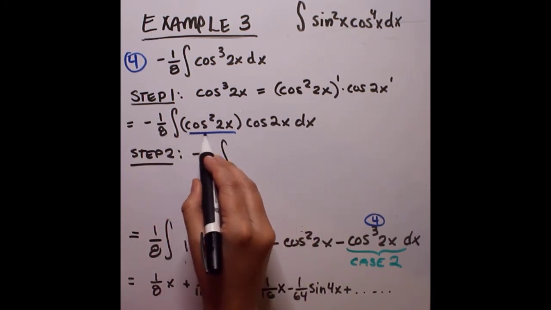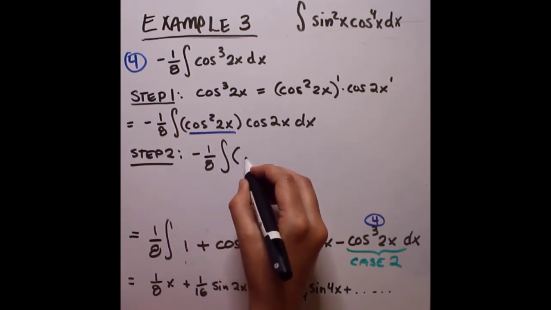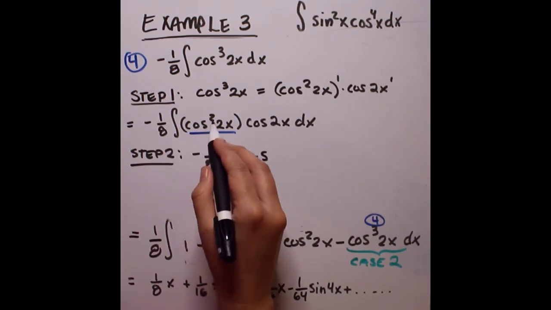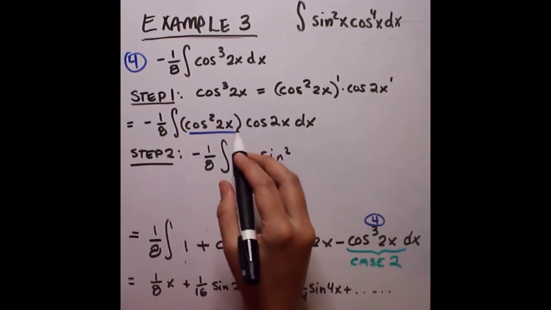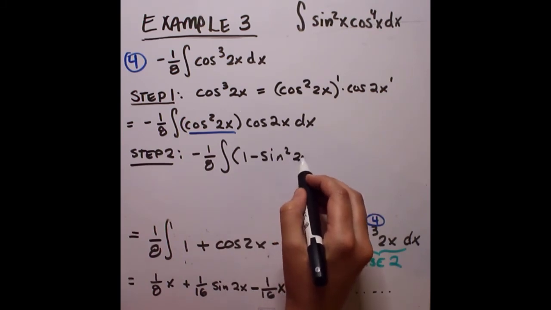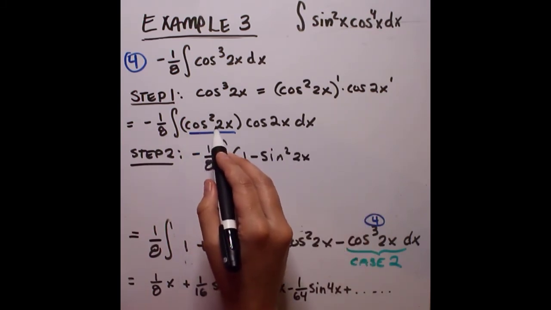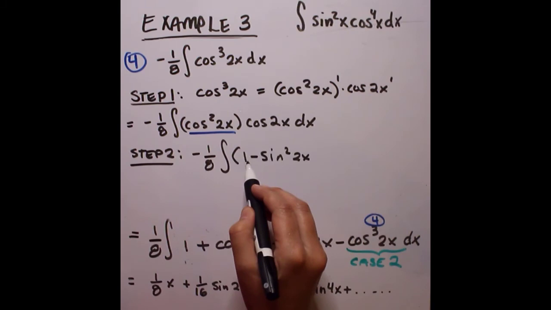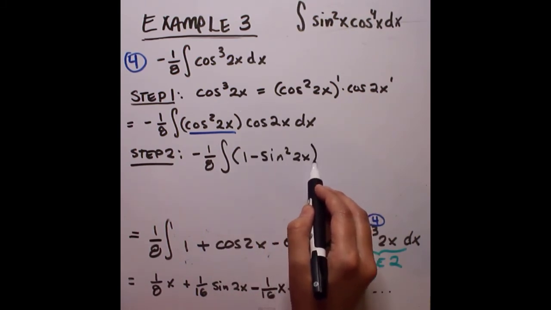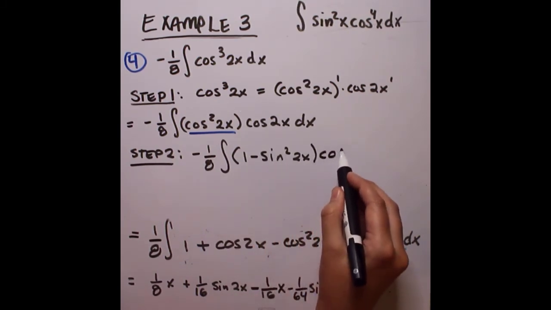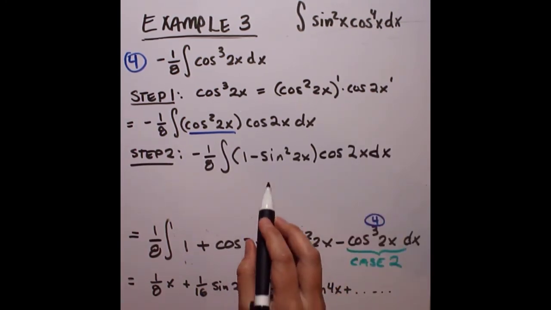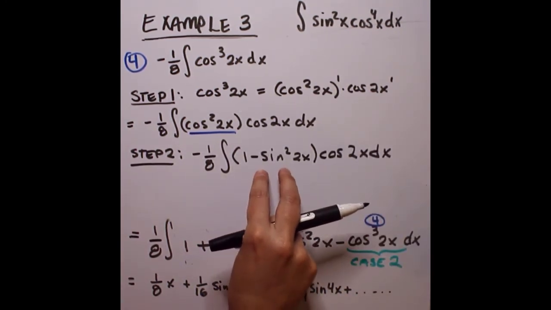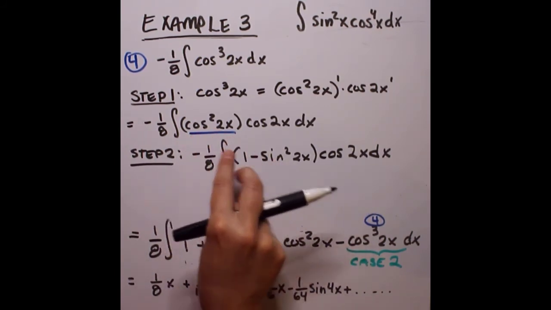This inside quantity here is going to be 1 minus, so remember cosine squared equals 1 minus sine squared, but be careful to keep your arguments the same. So cosine squared of 2x is the same as 1 minus sine squared of 2x. And then we still have our cosine 2x dx in the back here. That was using our Pythagorean identity to rewrite this quantity.